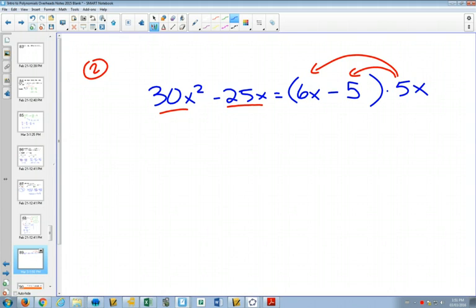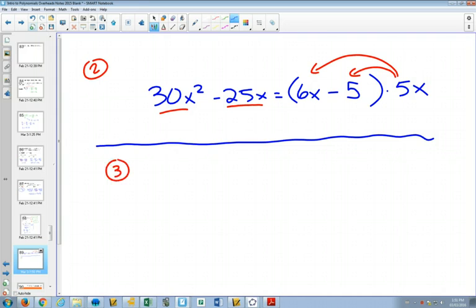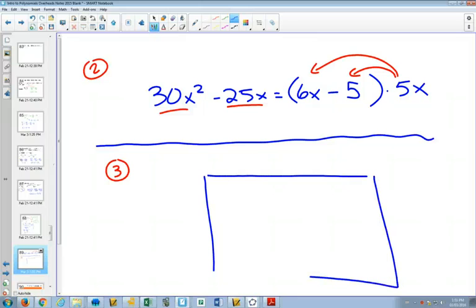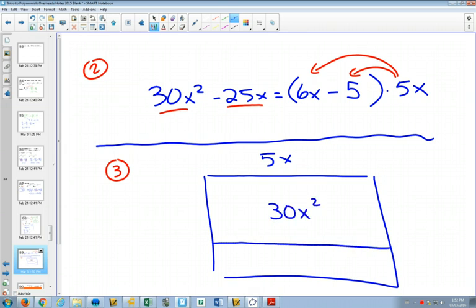Okay. And method number 3 is using the areas. Now, we know that our answer is 30x squared minus 25x. And we know that this side was 5x. And we know that our area is 30x squared minus 25x. So instead of just writing 30x squared minus 25x in here, I'm going to split it up and say this part is the 30x squared, and this part is my minus 25x.